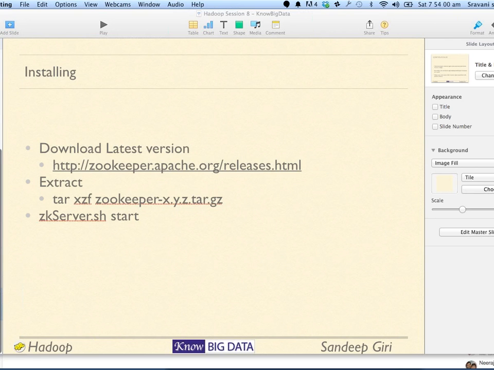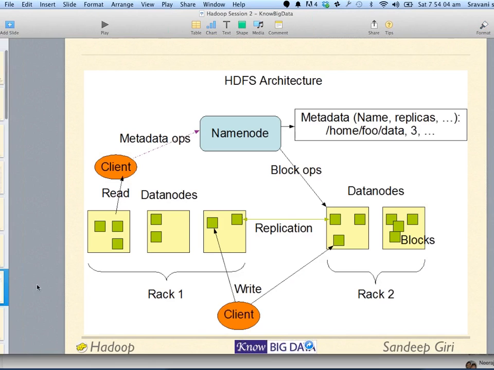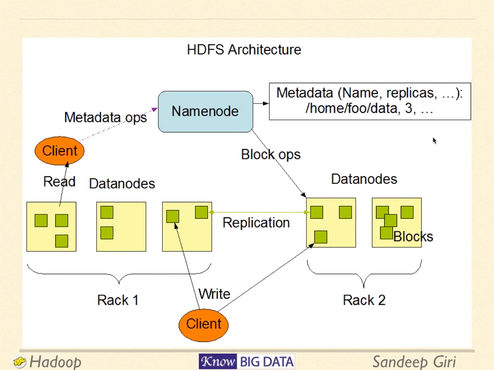That information, like what metadata the name node stores, is actually mentioned in the first one.